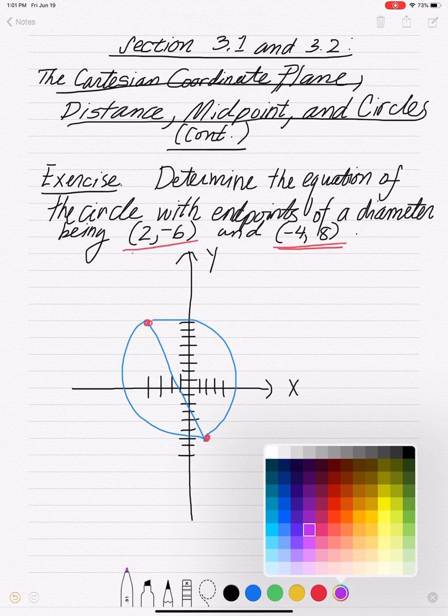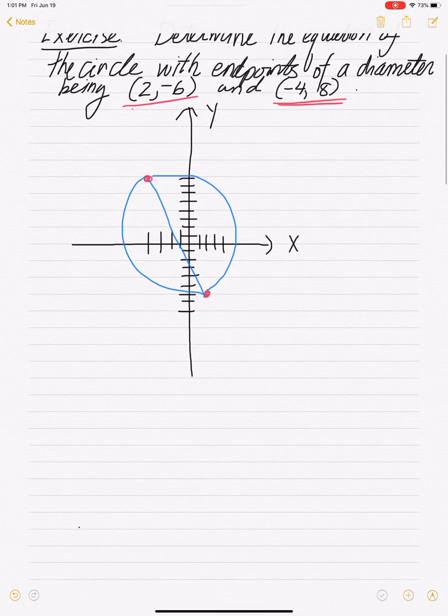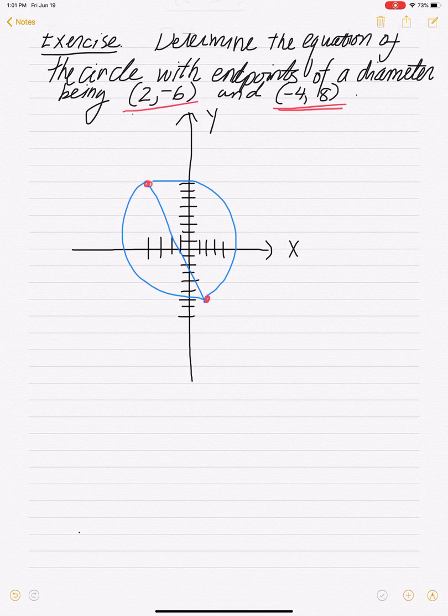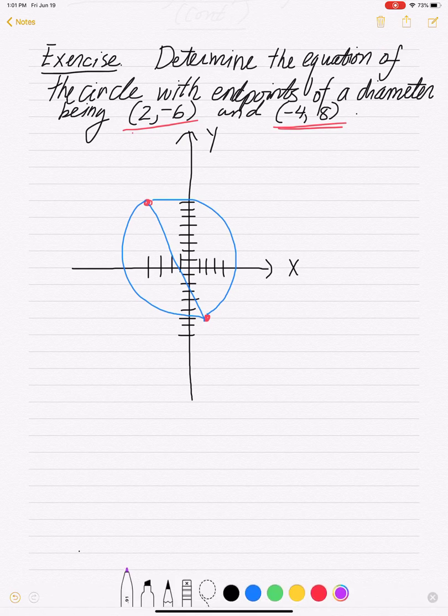How are we going to find the center? So step 1. To find the center of the circle, just look at the midpoint of the diameter.